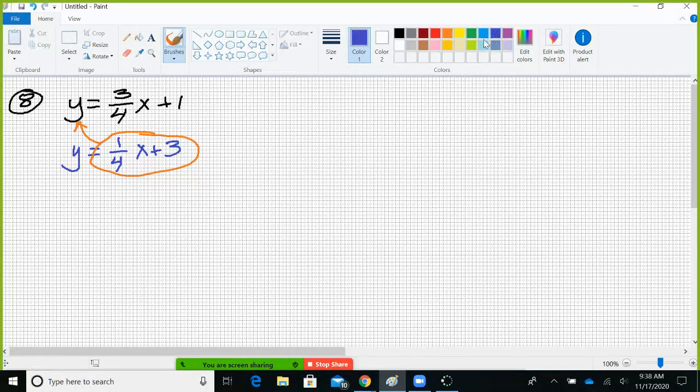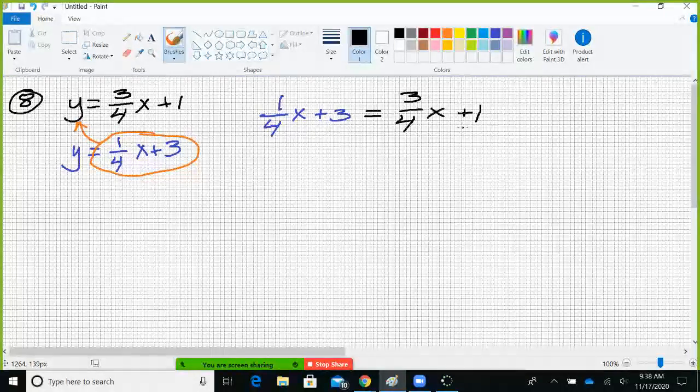So what I have now is 1/4 x plus 3 equals 3/4 x plus 1. Do you see how, because they both equal y, I'm able to just substitute it in for y?